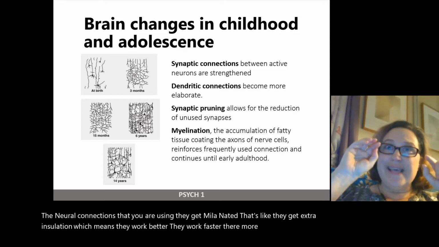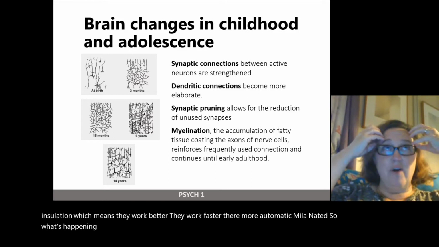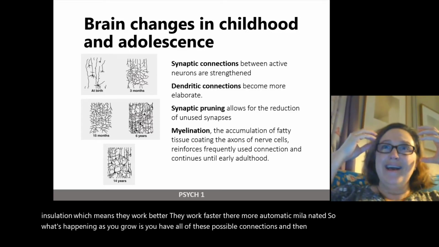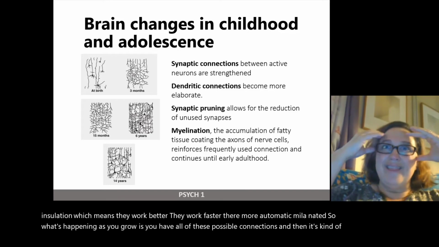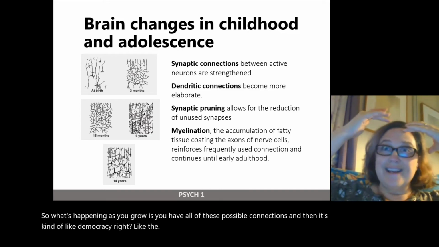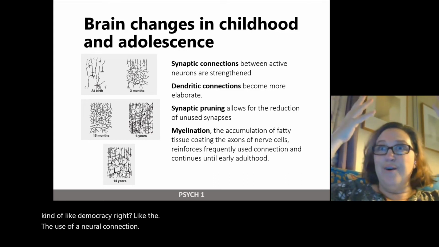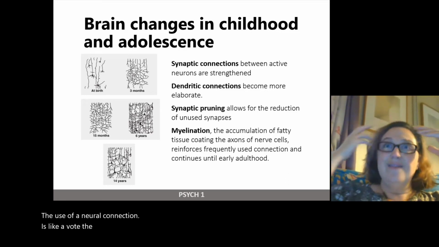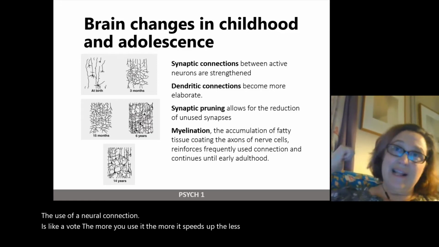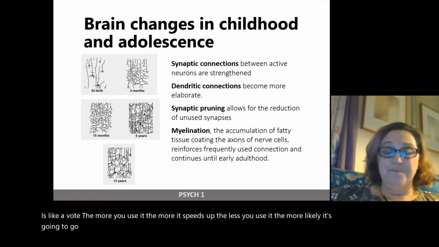So what's happening as you grow is you have all of these possible connections, and then it's kind of like democracy, right? The use of a neural connection is like a vote. The more you use it, the more it speeds up. The less you use it, the more likely it's going to go out of business.